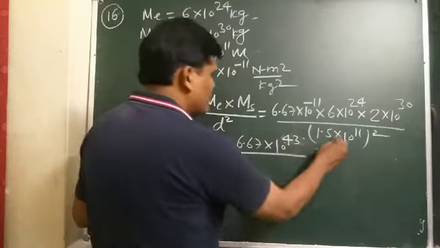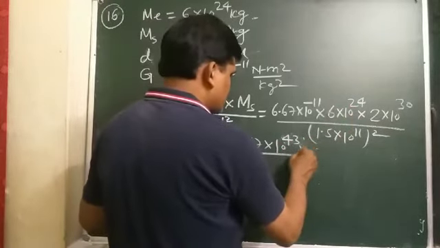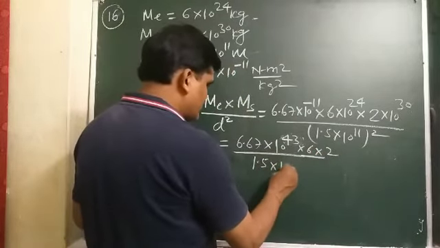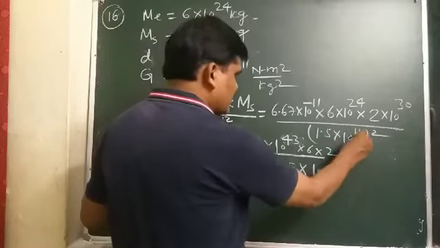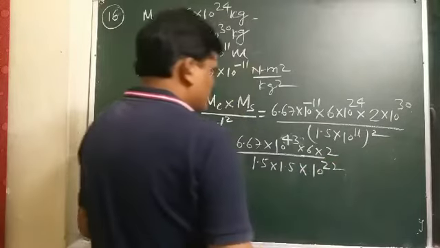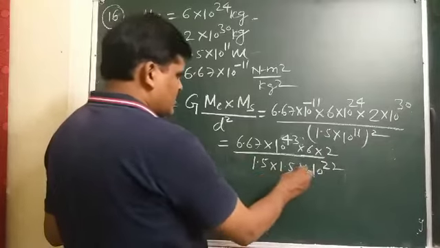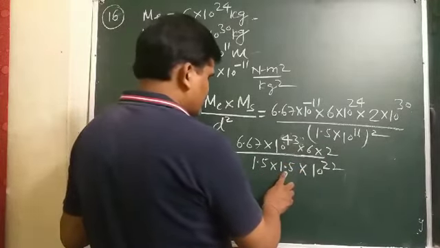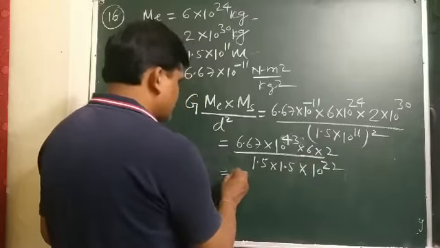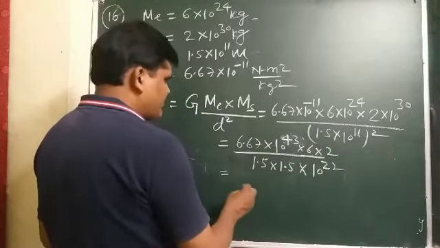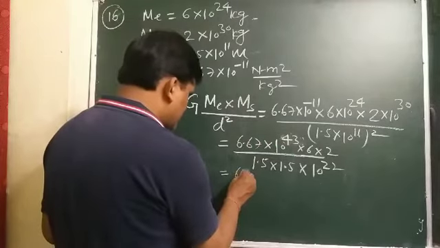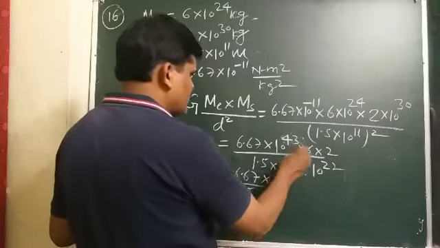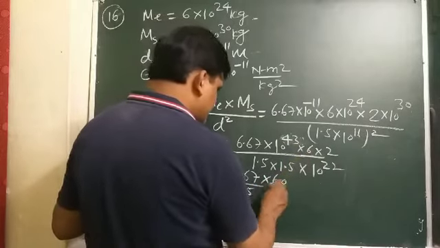And students, also 6 into 2, which is given, can be written as 1.6 into 1.6 into 10 to the power 11 22. So students, this decimal cancels out, so it can be written as 6.67 by 1.5 into, students, this will be written as 60.